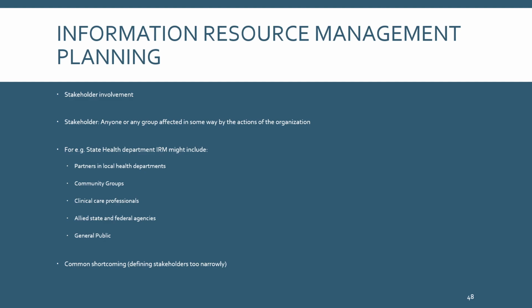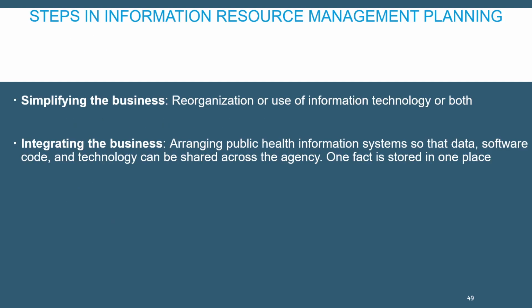For example, if we have a state health department and we are doing an IRM for them, it should include the partners in the local health department, the community groups, the clinical care professionals, the allied state and federal agencies, the general public. A common problem is that we define those stakeholders too narrowly. We don't think big enough and we leave people out, and that's one of those common failures.